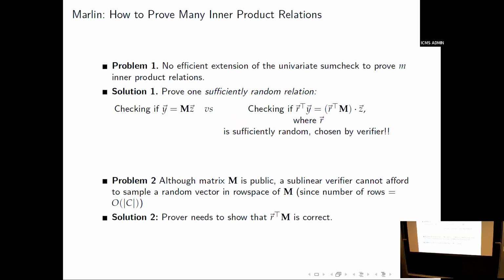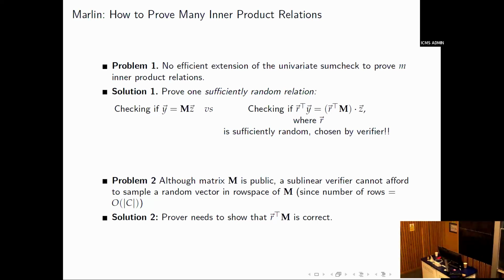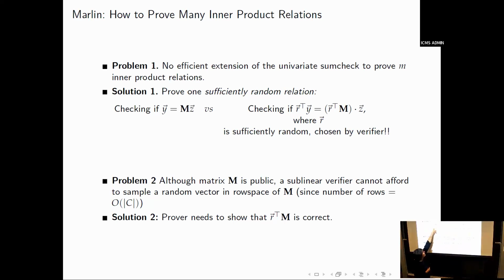The same thing happens for Marlin. Marlin has another strategy for proving linear relations. What you would like to do is check all these linear relations, and what you do is reduce this probabilistically to checking a single linear relation.